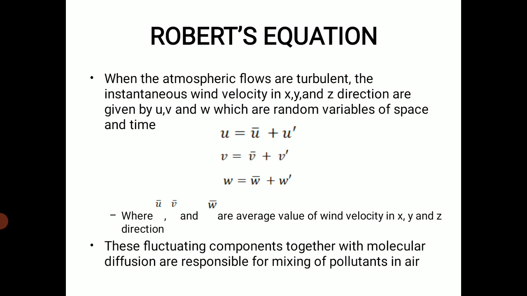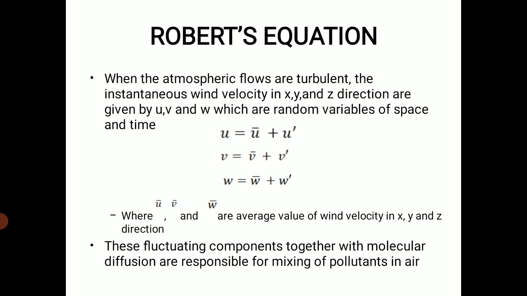Okay, so when the atmospheric flows are turbulent, instantaneous wind velocities in x, y, and z directions are given by u, v, and w, which are random variables of space and time. The instantaneous wind velocities are given by u is equal to u bar plus u dash, v is equal to v bar plus v dash, and w is equal to w bar plus w dash.